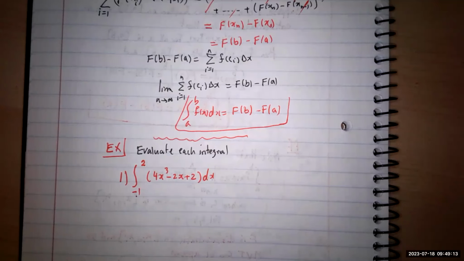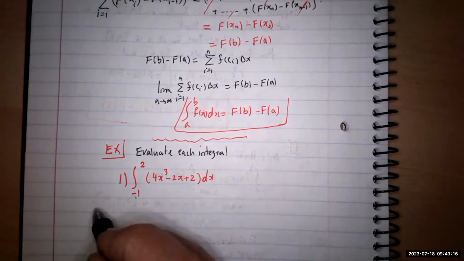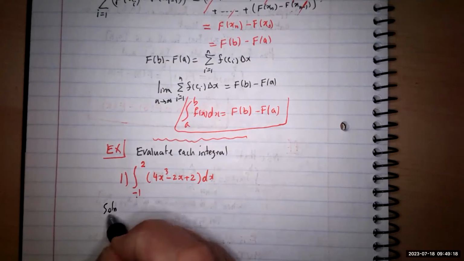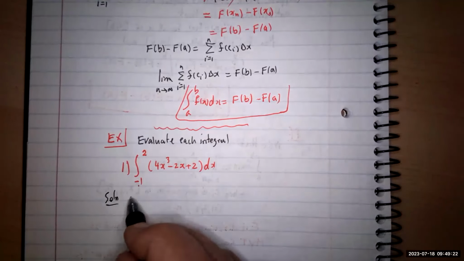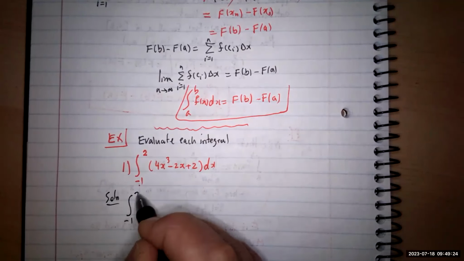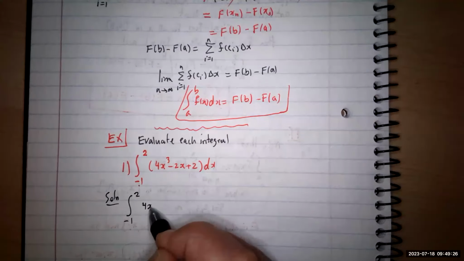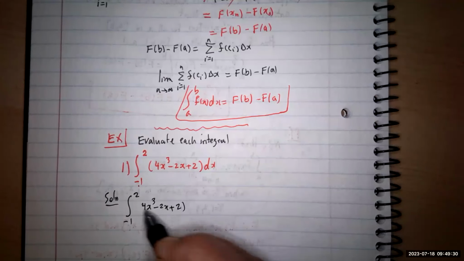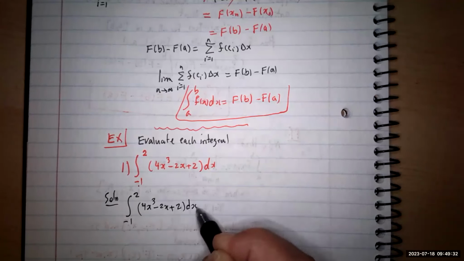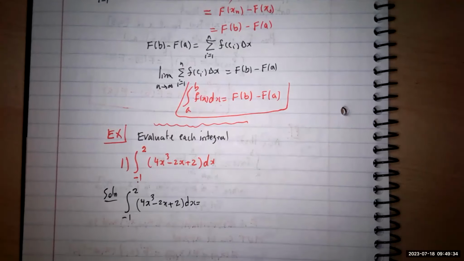Just find the integral as we did before. Okay, solution. Let's find the integral from -1 to 2 of 4x cubed minus 2x plus 2 dx, which equals, you know that power rule.